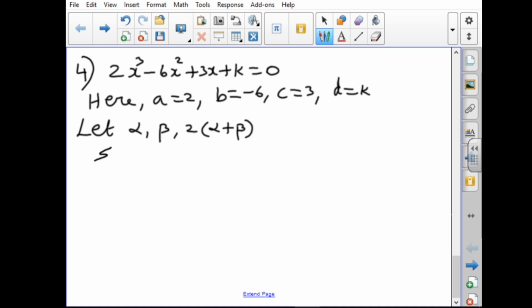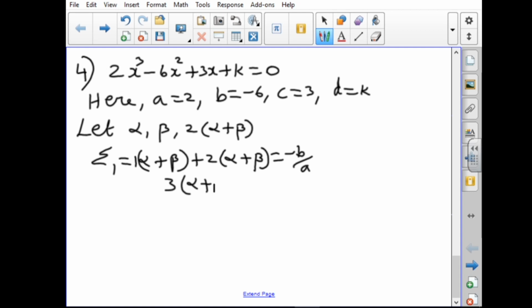So what is sigma 1 now? Alpha plus beta plus 2 into alpha plus beta, which is equal to minus b by a. So this is 1 into alpha plus beta plus 2 into alpha plus beta, which gives us 3 into alpha plus beta is equal to minus b by a, that is minus of minus 6 by 2, which is equal to 3.